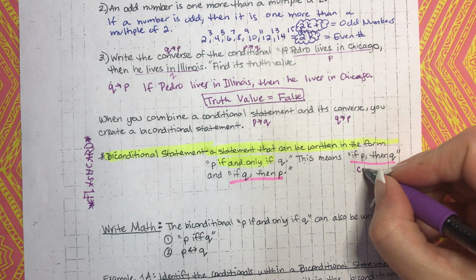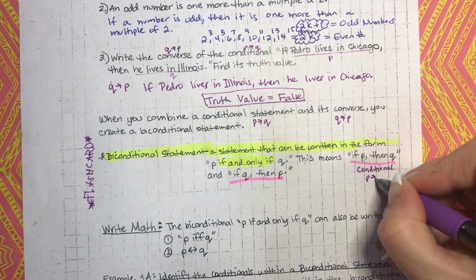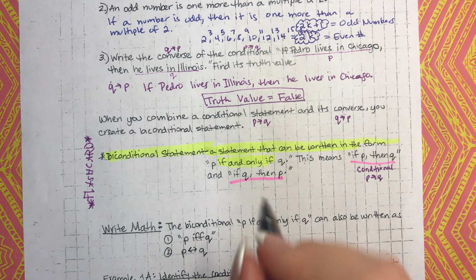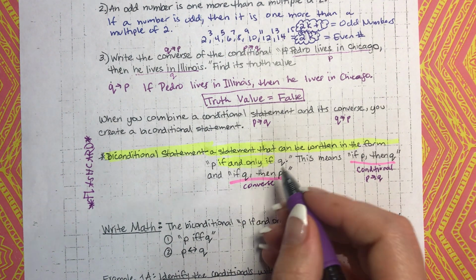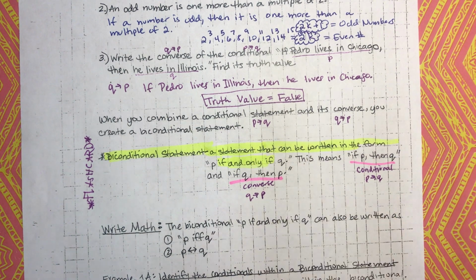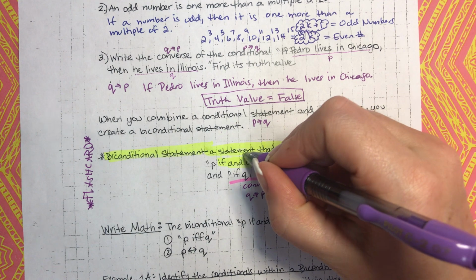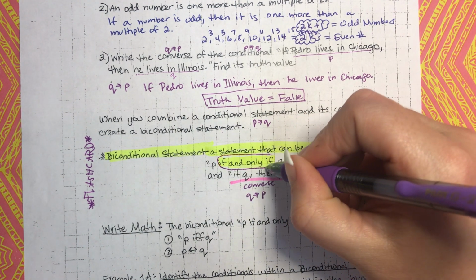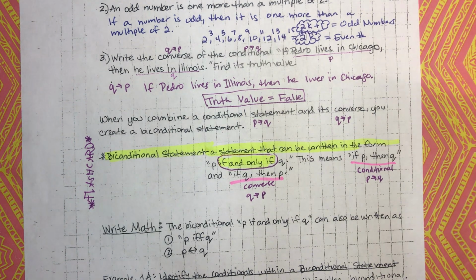So this means this is the conditional, P to Q, and it also means the converse. So they're both true, Q to P. Okay, so both work. So whenever you see this, if and only if, in front of the if and only if, that is the hypothesis, and back is the conclusion.